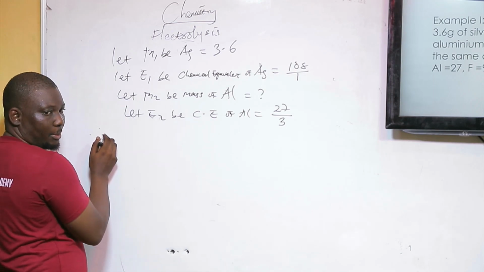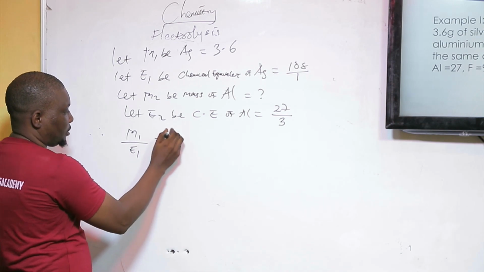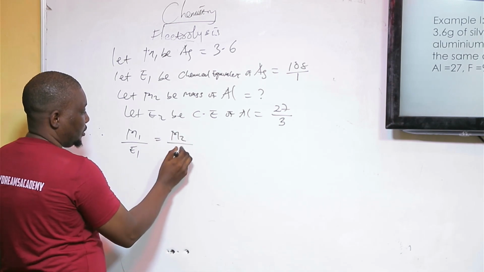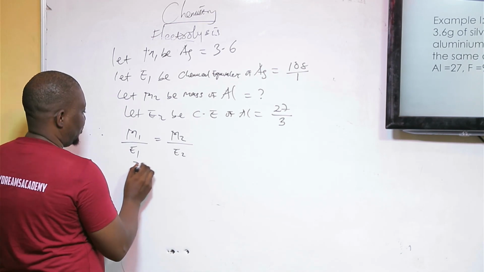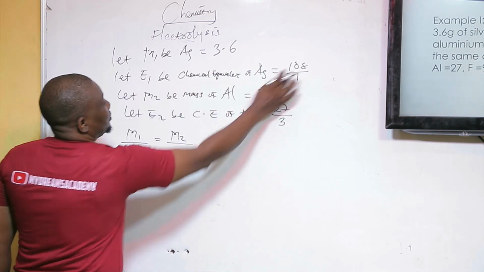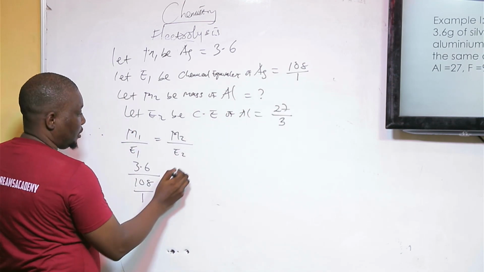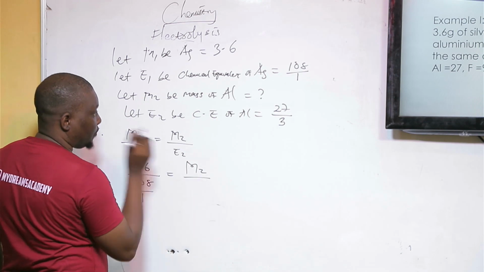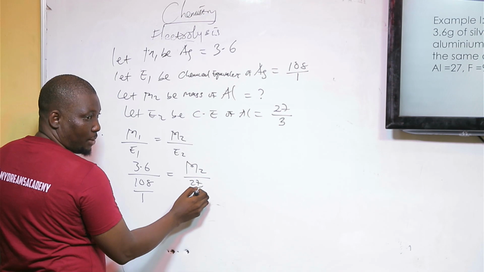Therefore, I'm going to apply M1 upon E1 equals M2 upon E2. Are you with me now? So now, my M1 is 3.6 over this, Ag, so 108 over 1 equals M2, which is unknown, over 27 over 3.